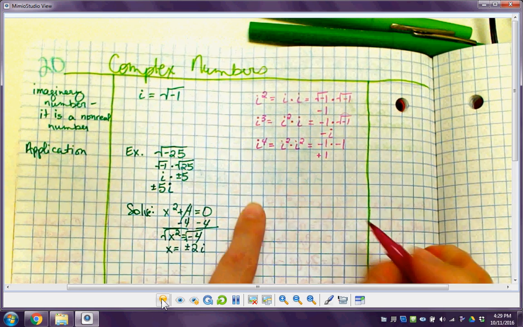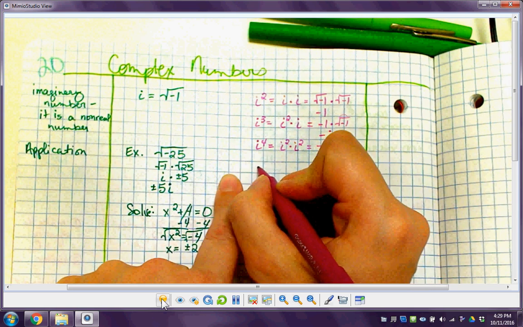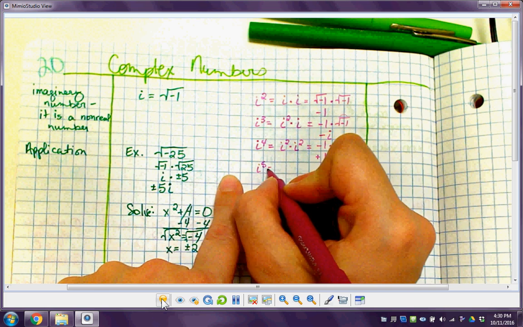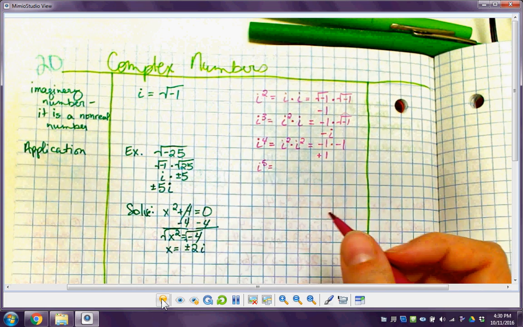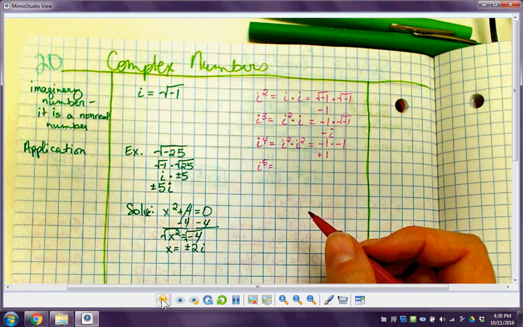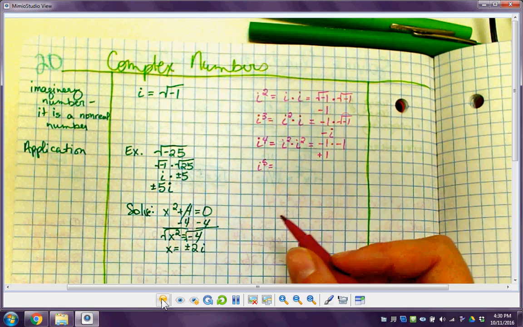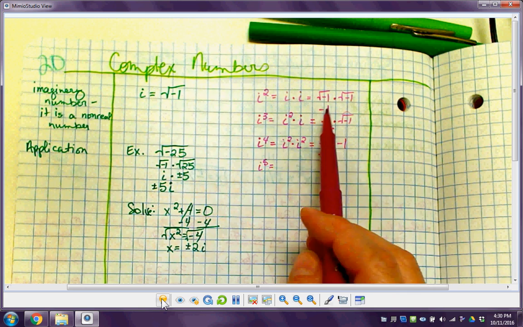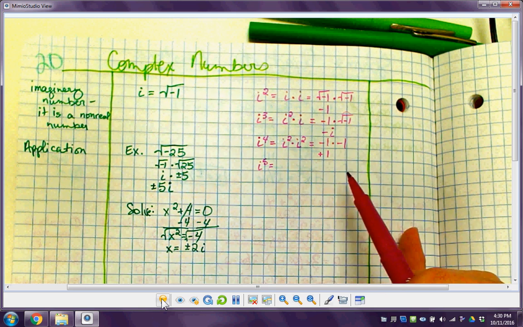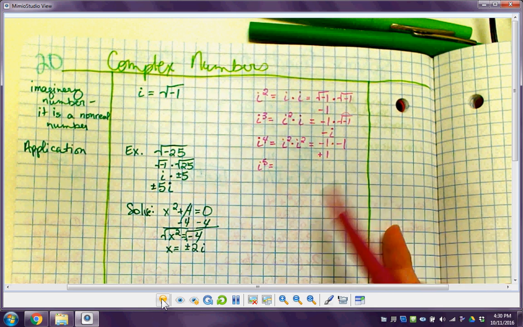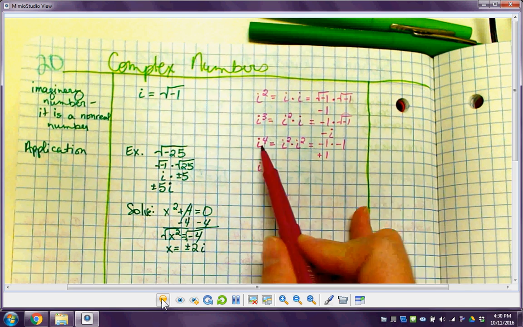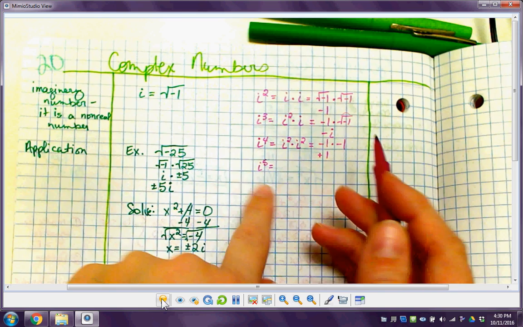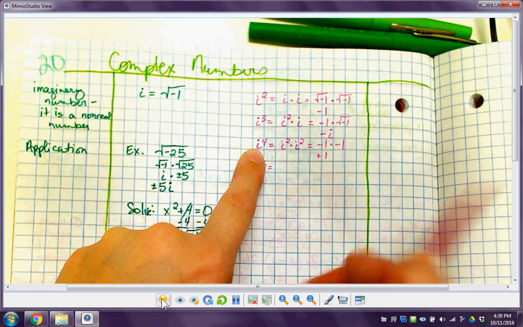So let's keep going. Let's see what happens to i to the 5th power. I've got to think to myself, what would be a way I would want to rewrite this? So think about this regular i, this i squared, this i cubed, this i to the 4th. I think rewriting it in terms of this i to the 4th is going to be the easiest because i to the 4th is equal to 1.